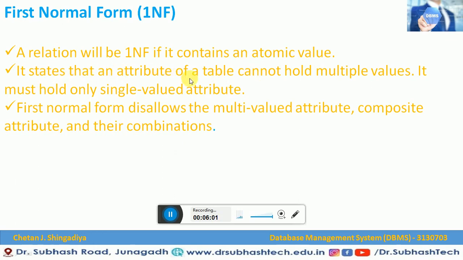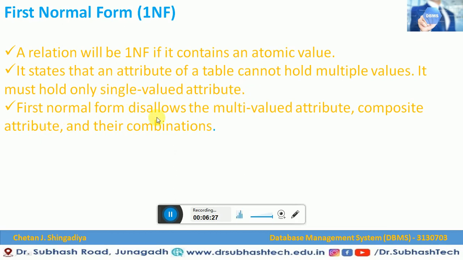Also, it states that an attribute of a table cannot hold multiple values. The first thing is that it should contain atomic value. The vice versa is that the attribute of a table should not contain multiple values. It must hold only single-valued attributes. That is the meaning of atomic value: the particular attribute should contain a single value.